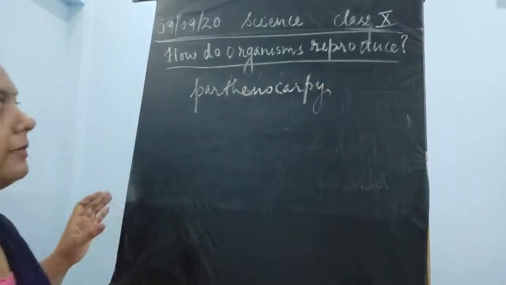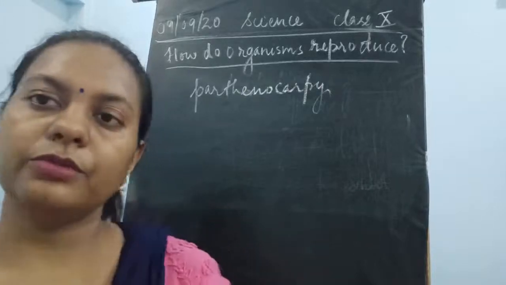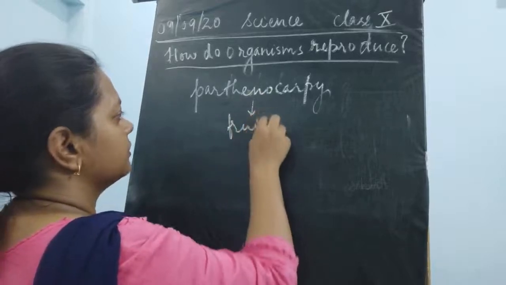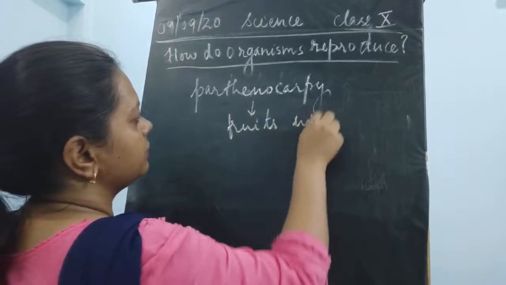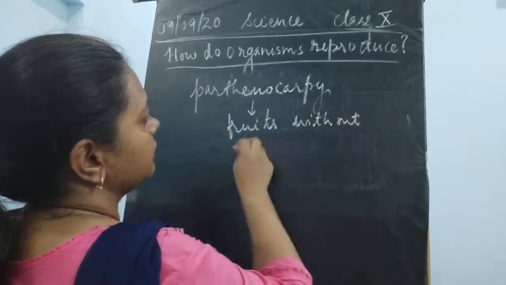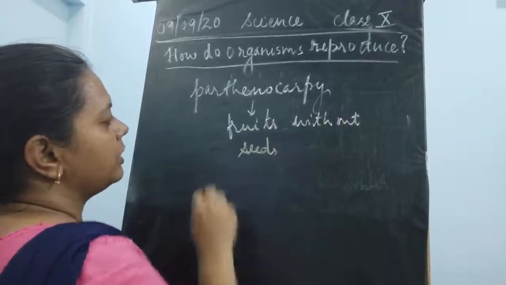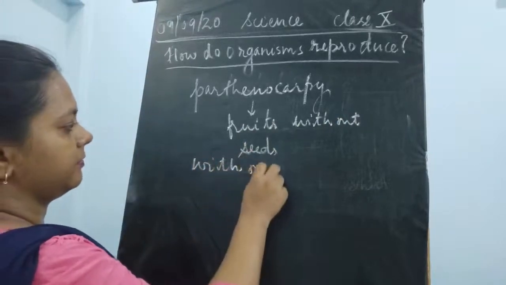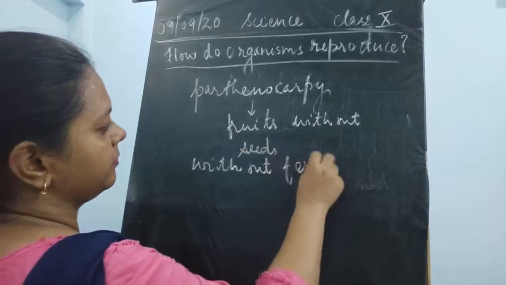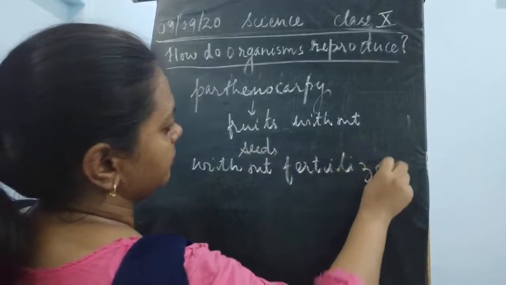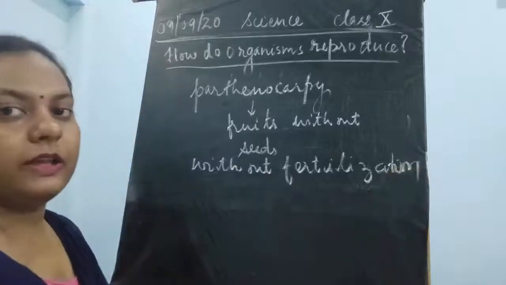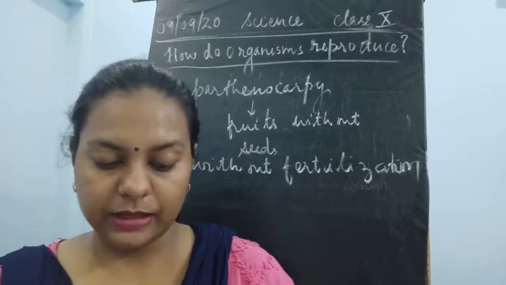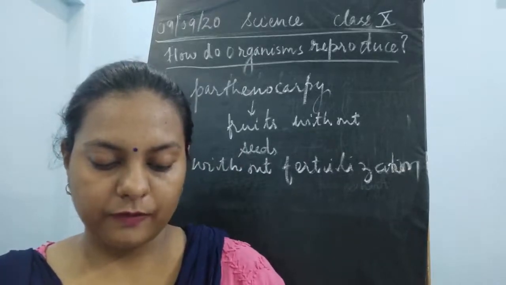What is parthenocarpy? Parthenocarpy means fruits are formed without seeds, or formed without fertilization. These fruits are developed because of the absence of fertilization.